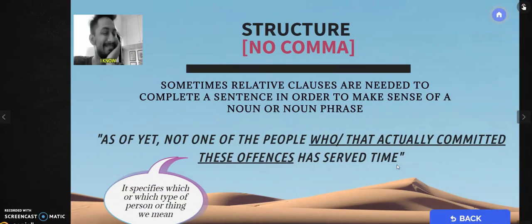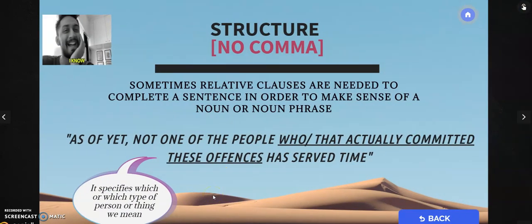For example, as of yet, not one of the people who actually committed these offenses has served time. All right? So, in this case, I need the relative clause to make sense of the main clause. As you can see, if we dropped the relative clause, the main sentence would make no sense whatsoever.